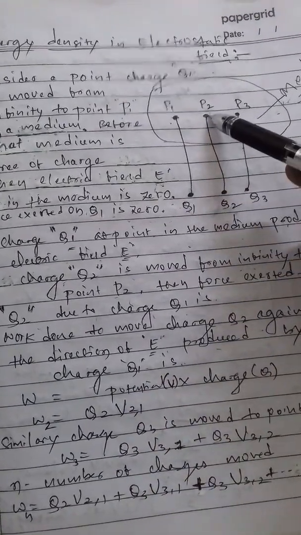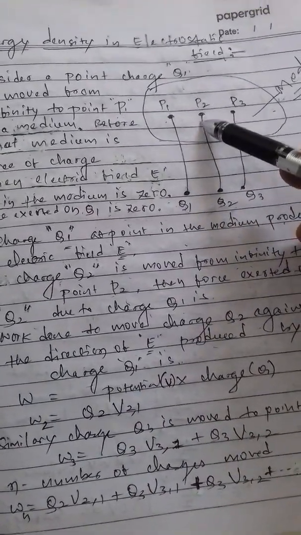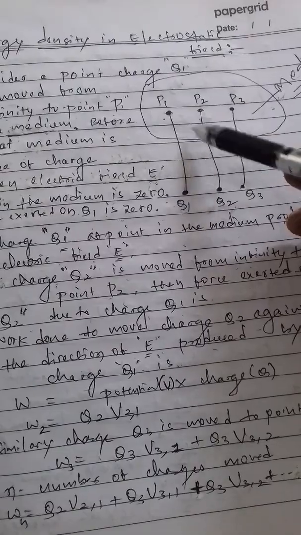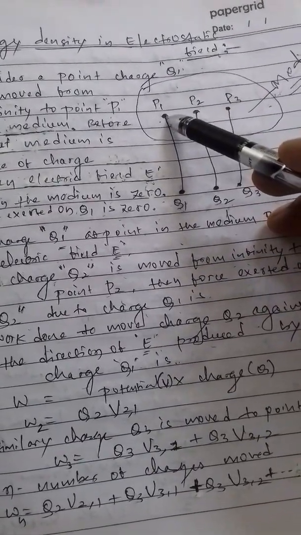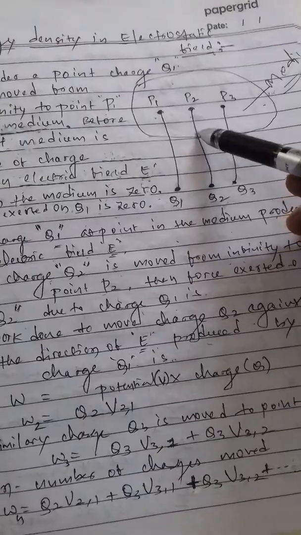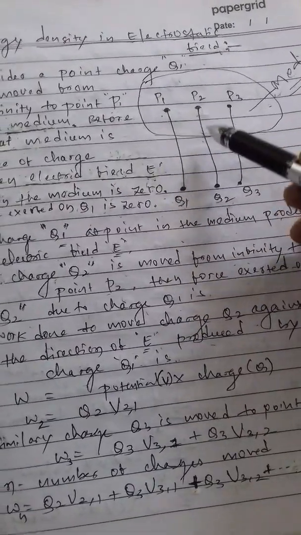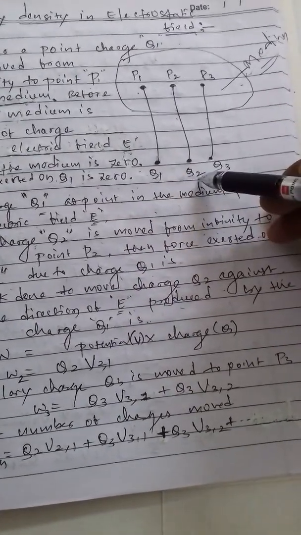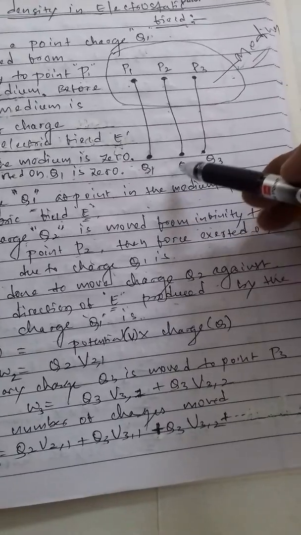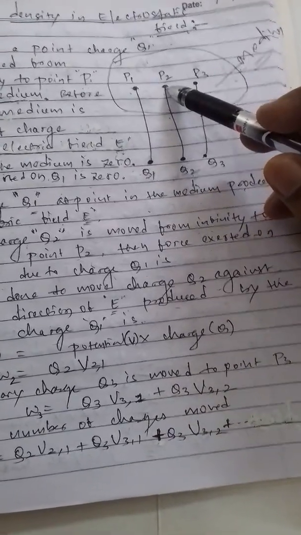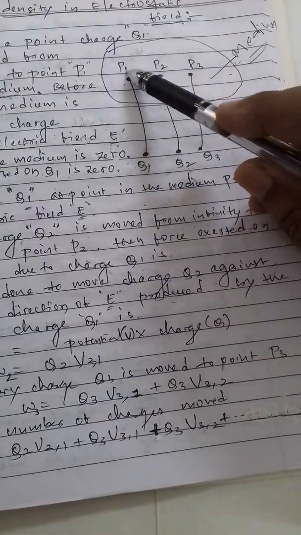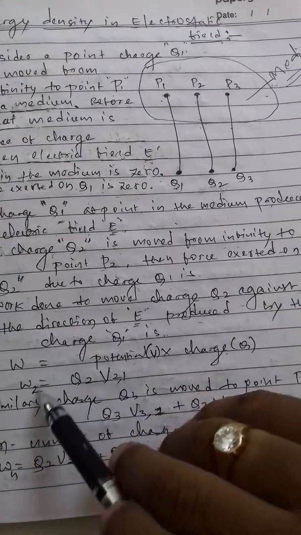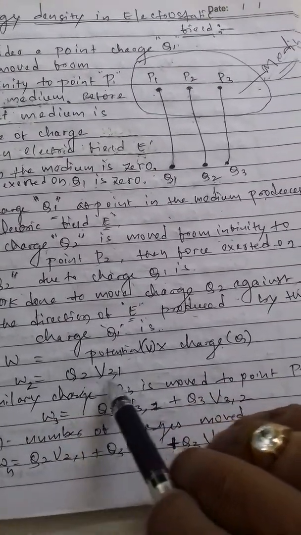When Q2 is moved from infinity to point P2, a force is exerted on charge Q2 due to the electric field produced by the charge Q1 at point P1. The work done to move the charge Q2 from infinity to point P2 against the direction of the electric field produced by charge Q1 is potential times charge, so that W2 is equal to Q2 V21.